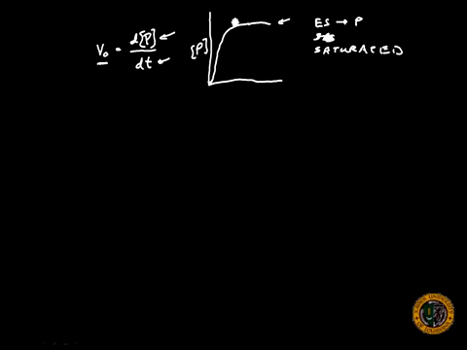So if we're looking at time, this occurs, then we can measure the rate. This would be the rate at which this generation of product occurs.